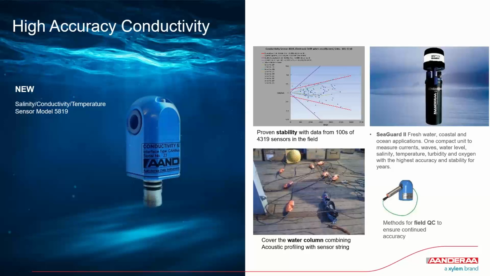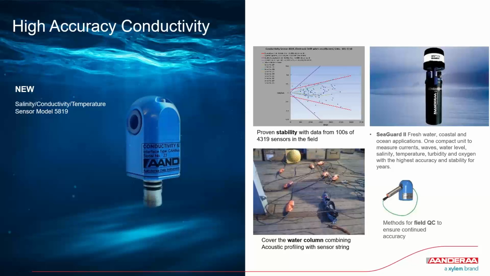We track them every time they come in and see how much they have drifted when they are recalibrated. That's how we know that the drift of these types of sensors is very low. We have tracked them for over 10 years.